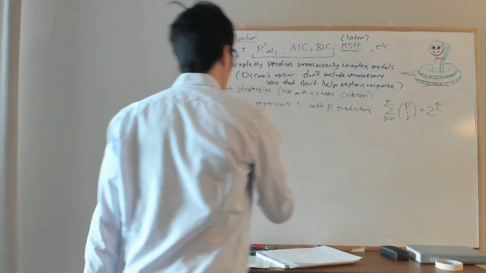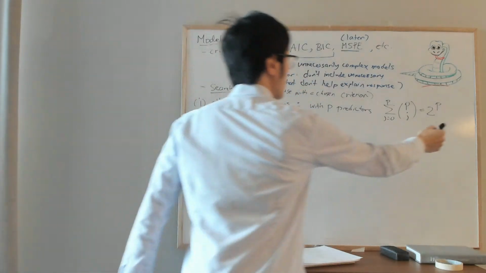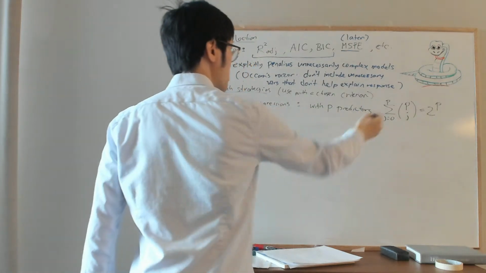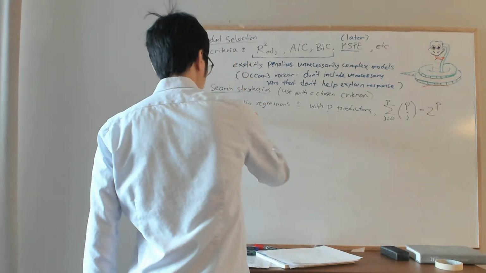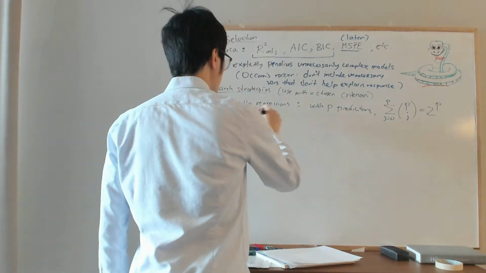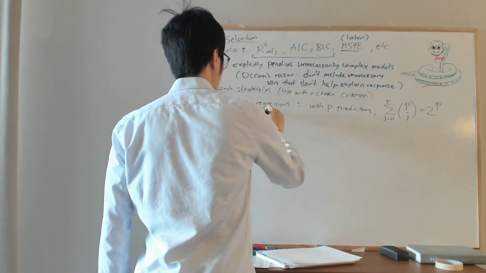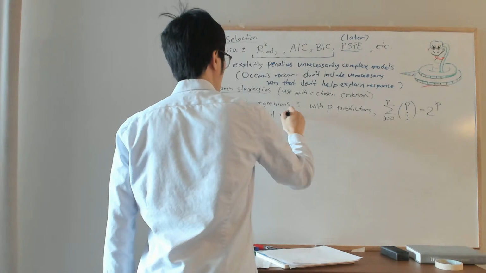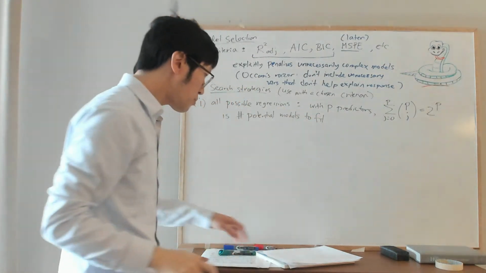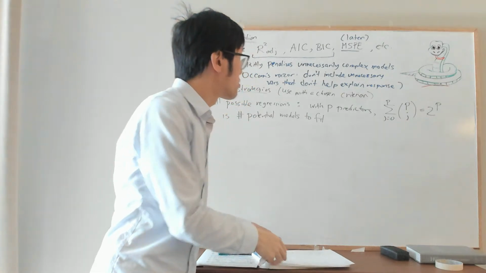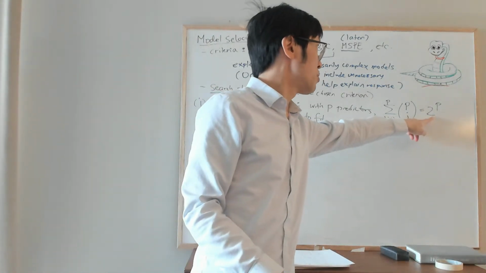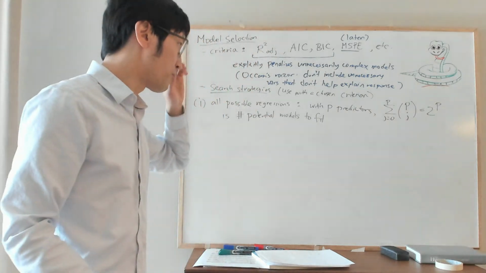So there are 2 to the P regressions to fit with P predictors. You have this many potential models, and this grows very quickly.